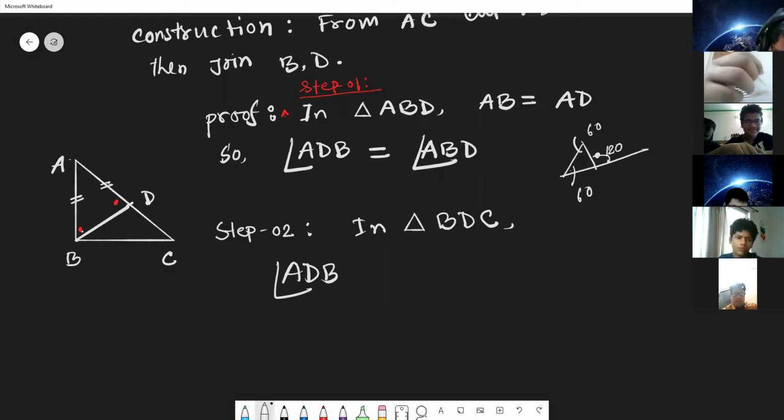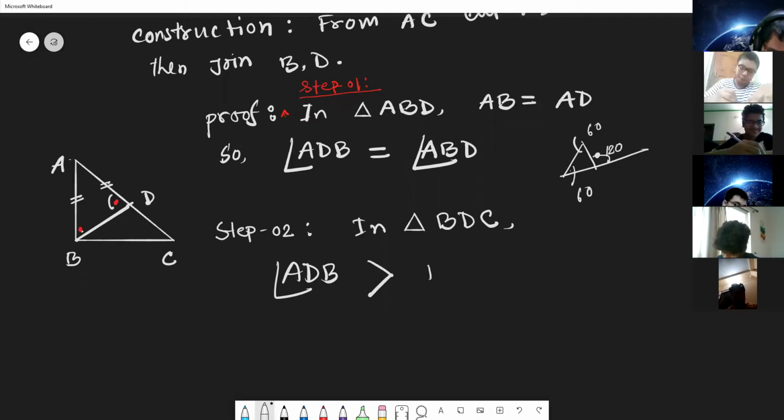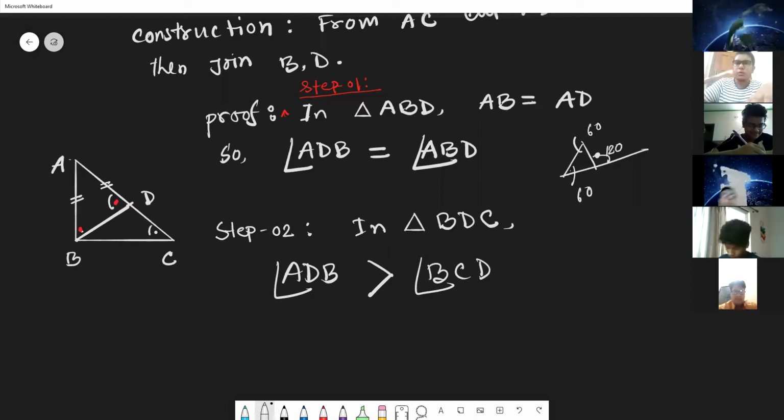If we color here, this external angle is greater than, this is the greater than symbol, BCD. This is the angle BCD. So this external angle is greater than this one, because this external angle is the sum of two opposite internal angles. So that means the external angle is definitely greater than the opposite internal angle.